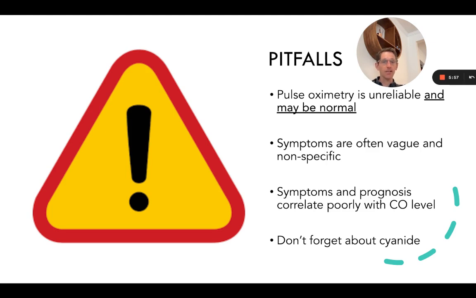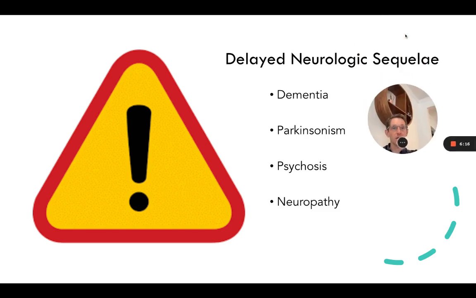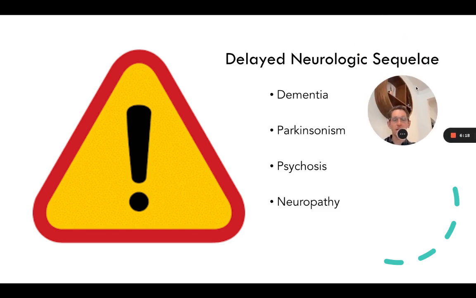And you always want to think about cyanide. Whenever you have combustion, cyanide is a potential other toxic substance which can cause seizure, coma, death. So it's something you want to think of if you encounter a scenario where you're worried about carbon monoxide. And one of the other really unfortunate consequences of carbon monoxide poisoning is that it can result in delayed neurologic sequelae.